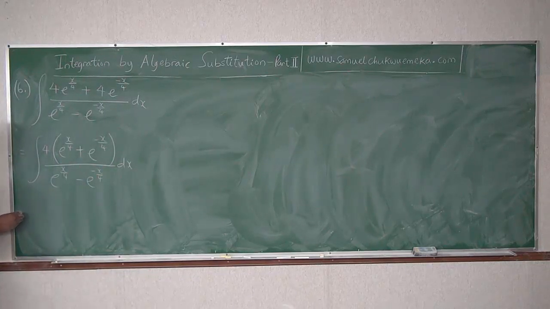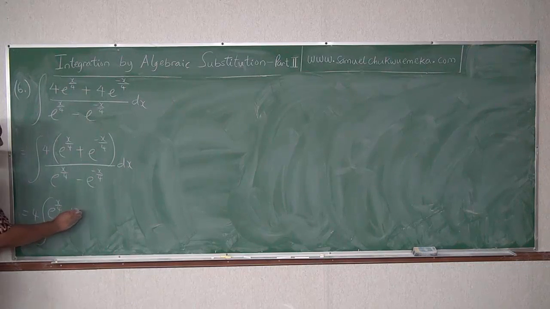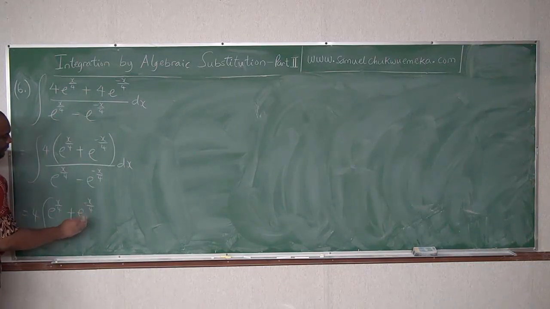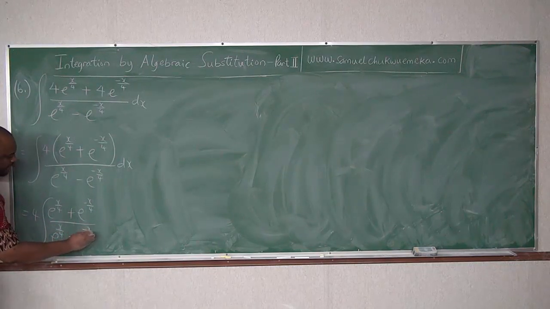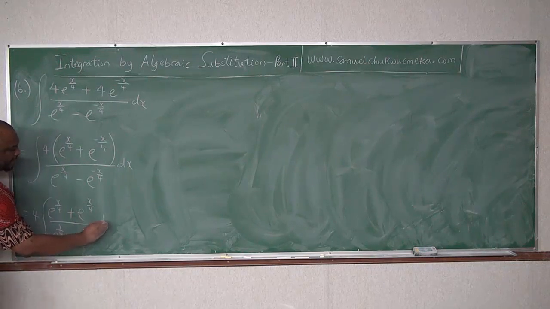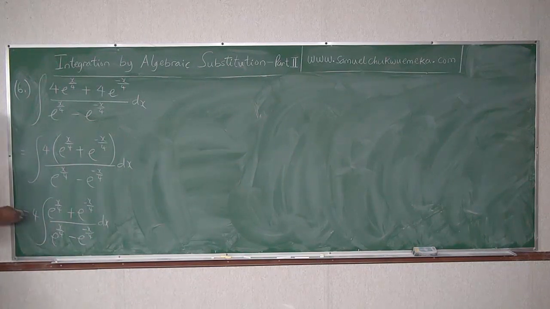So I go ahead and bring that 4 out, 4 times the integral of e exponent x over 4 plus e exponent negative x over 4 all over e exponent x over 4 minus e exponent negative x over 4, dx. So we will still use this 4, but for now I don't need it.